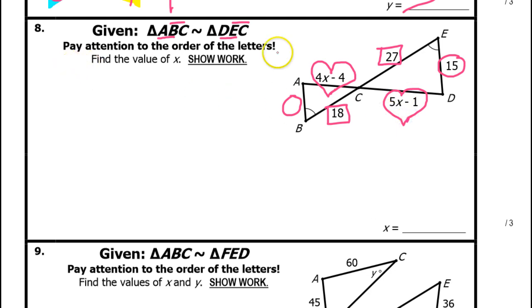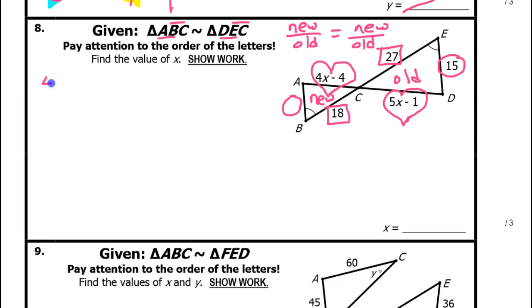Okay, so now I'm going to set up my equation of the form new over old equals new over old. So in this case, it really doesn't matter which triangle I call new or old. They both have x's. So I'm just going to call this one new and this one old. But if you did it the other way around, you should get the same answer. So let's see.